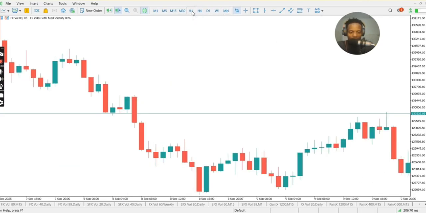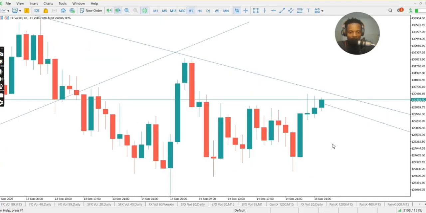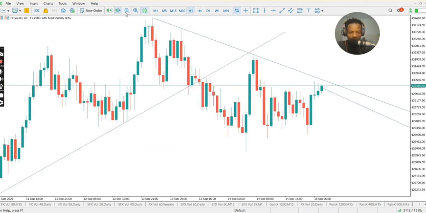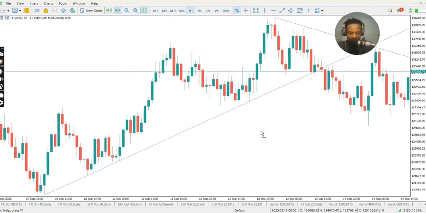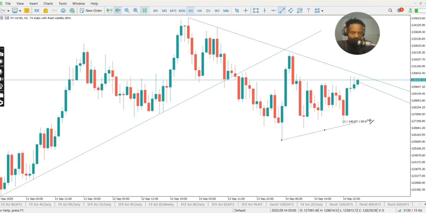So let's go to an H1 time frame and see what the market is doing, right? So we see this rejection, and what can we see? We need to draw other trend lines, right? Which trend line can we draw? Still, there is this trend line on an H4 time frame, and there is another trend line that we can draw from here, around here.